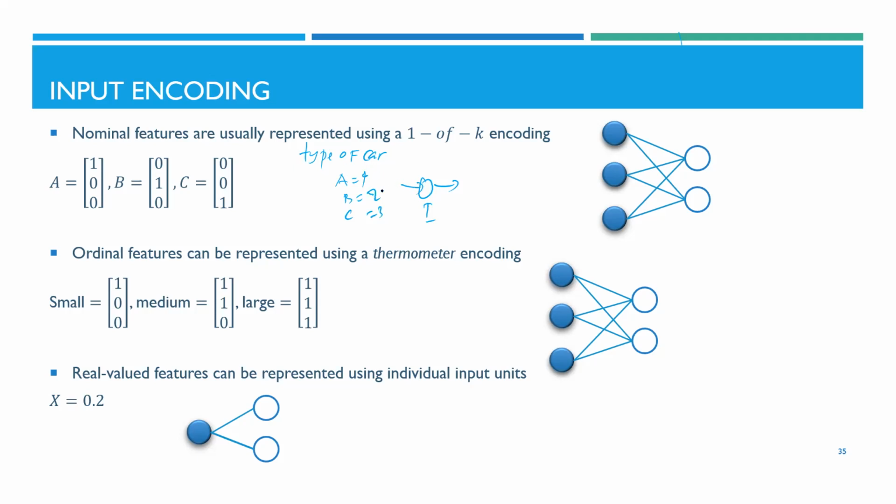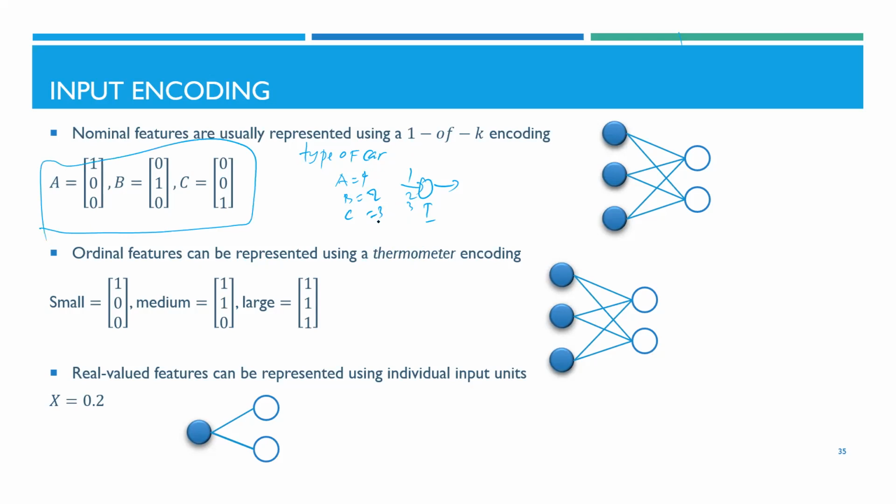If we use it literally, the first data has type of car 1, the second data type 2, the third data type 3. This will not get a better result compared with the other approach.